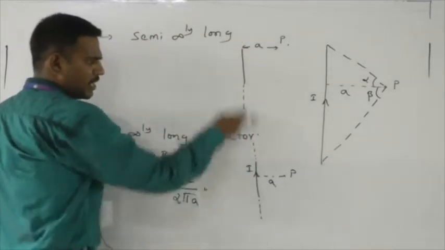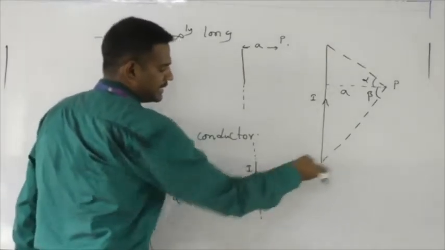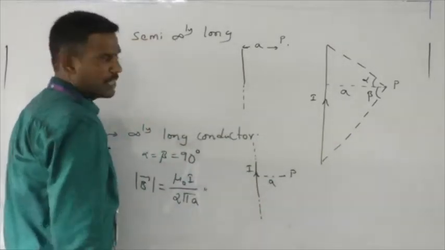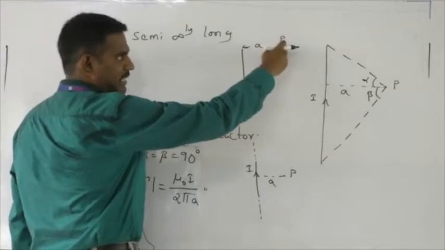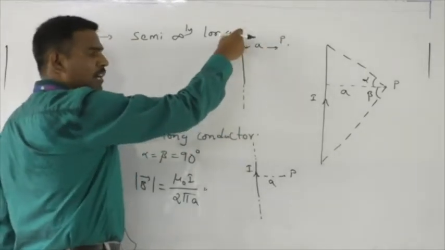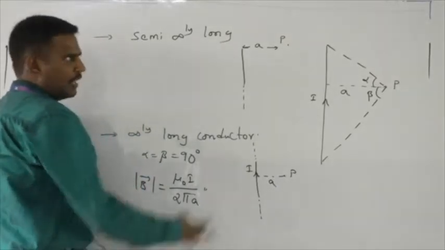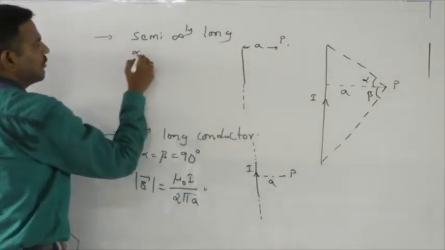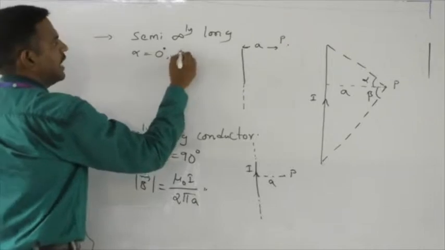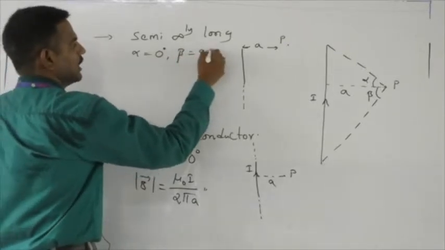Here, somewhere along its length, the point P is lying perpendicularly from the conductor, whereas here, the point P is lying near one of the ends. The other end is continuing like this. Now for this case, what is going to be alpha? Alpha is going to be 0 degrees and beta is going to be equal to 90 degrees.